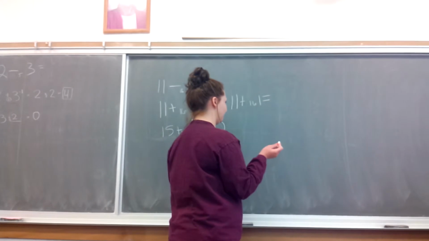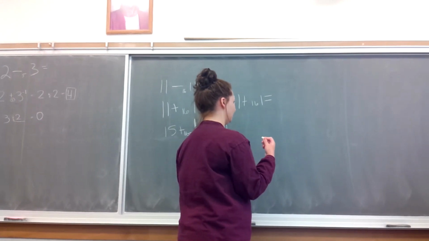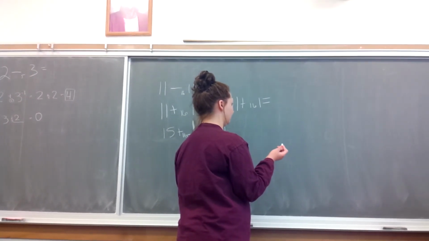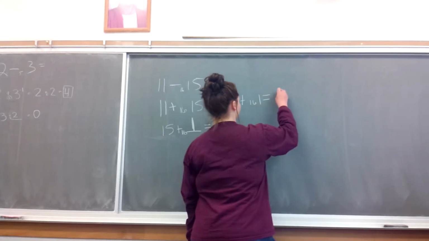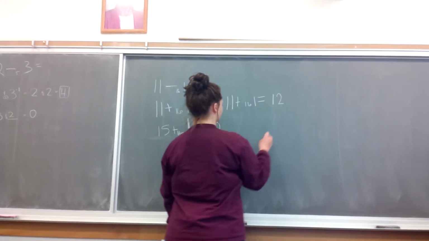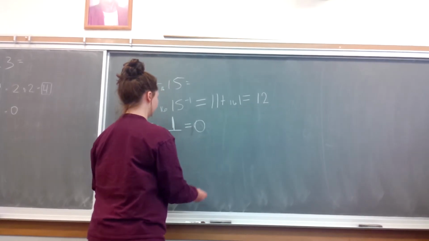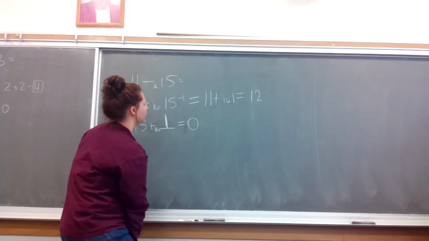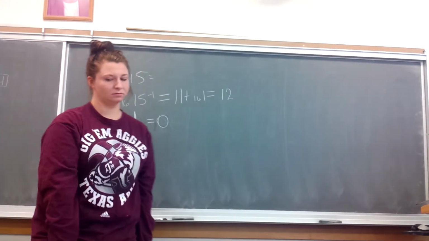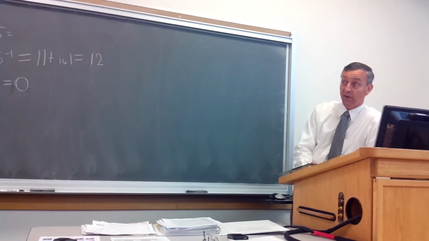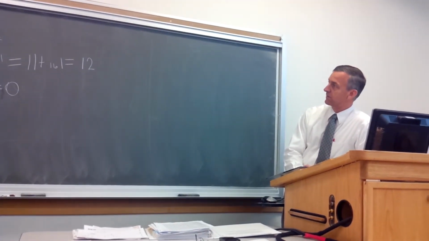So 16 into 12 goes 0 times, but the remainder is 12. So your answer is 12. Have you all figured out that when you're adding two numbers whose sum is less than the base, you really don't need to divide, you just write the number? Okay?